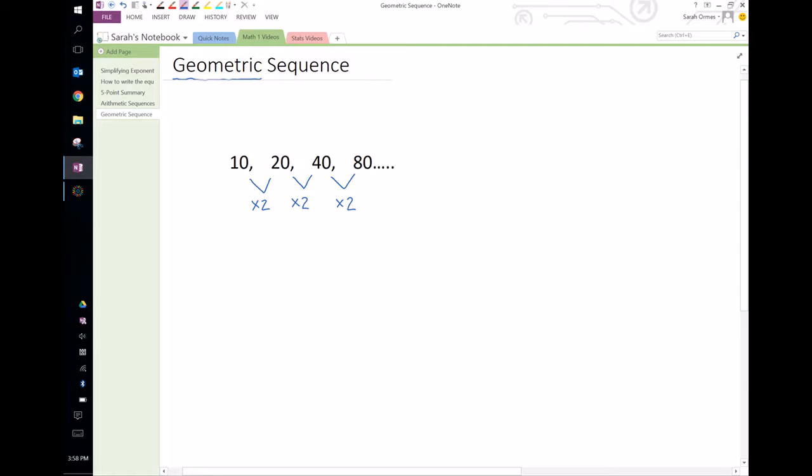All right, so we are ready to write our explicit equation. Your explicit equation is a little bit different here, but you're looking for the same things. Thing number 1, how is it changing? We got that. Thing number 2, what is your initial value?